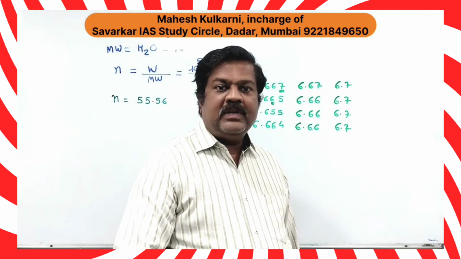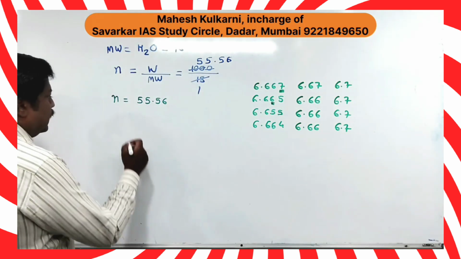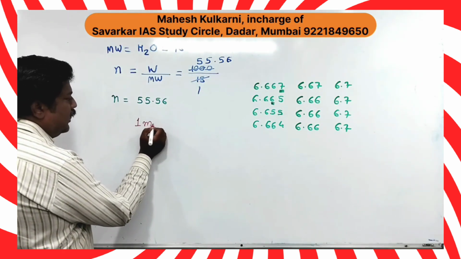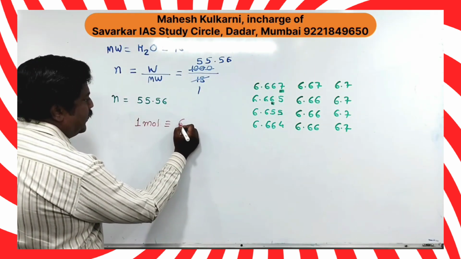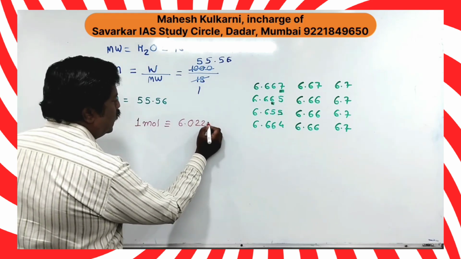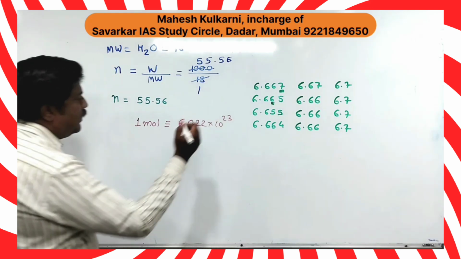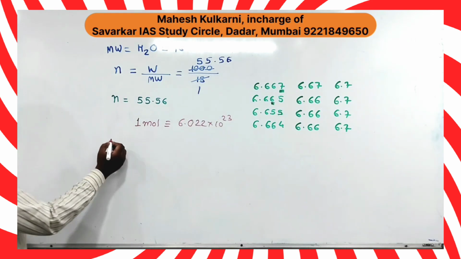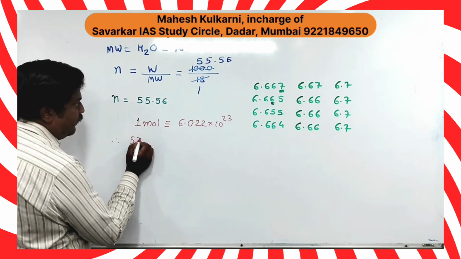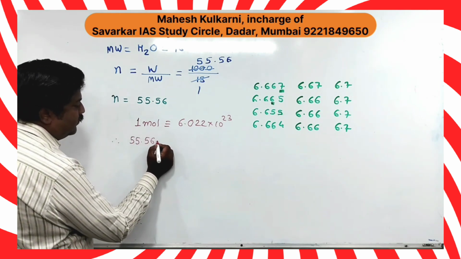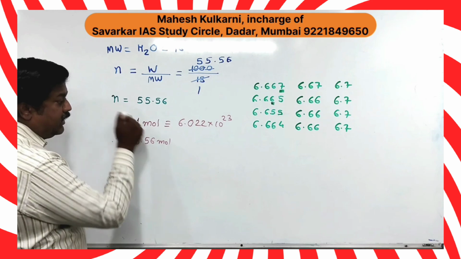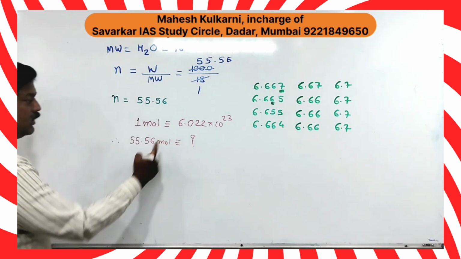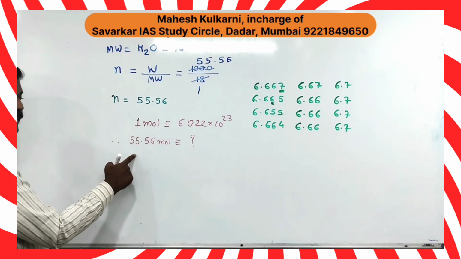Now, what is the solution? 1 mole of any substance corresponds to 6.022 into 10 raised to 23 number of molecules. Therefore, 55.56 moles, because we have calculated the number of moles, correspond to what? This divided by this, multiplied by this.